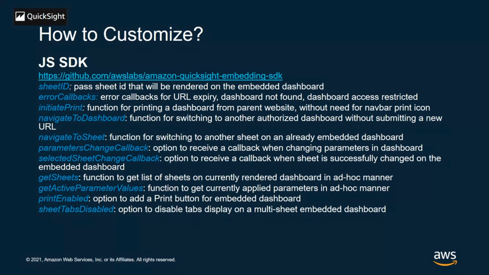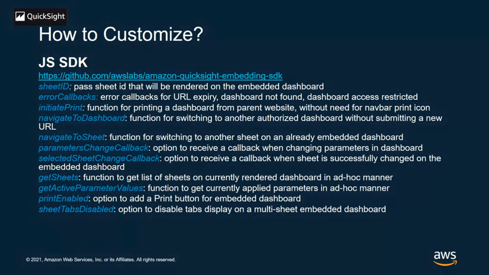For example, Sheet ID. You can use Sheet ID when you are making sure that a particular sheet is the first sheet that is embedded on your dashboard. A particular use case here is, let's say there is a dashboard that has 4 sheets. Sheet 1 is revenue, sheet 2 is costs, sheet 3 is number of orders, and sheet 4 is delays.